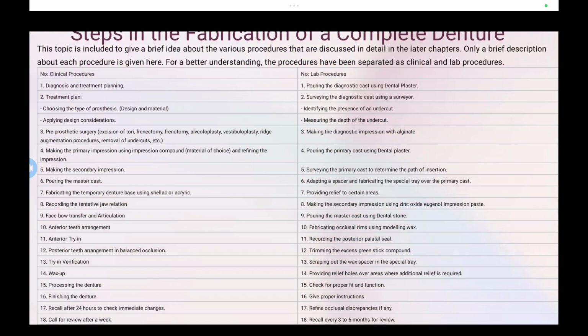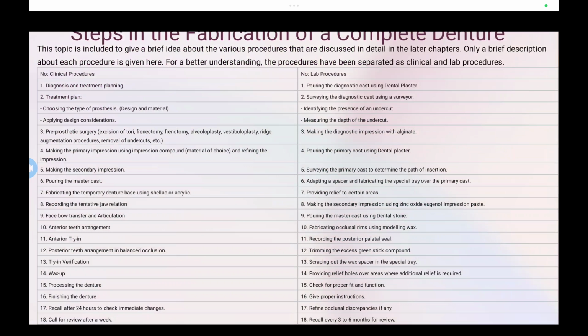Next, pre-prosthetic surgery if required, like excision of tori, frenectomy, alveoloplasty, vestibuloplasty, ridge augmentation procedures, and removal of undercuts if required. These terms may not be too understandable.